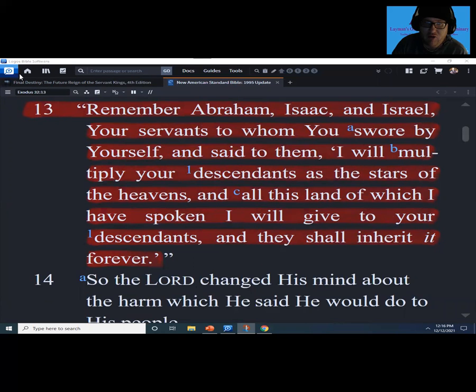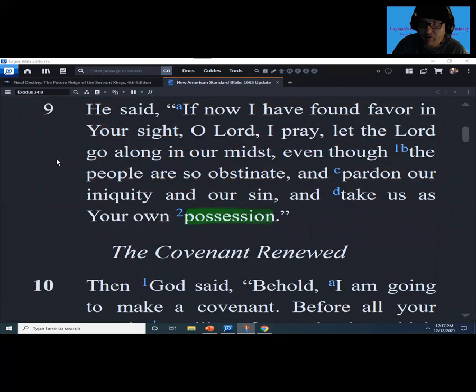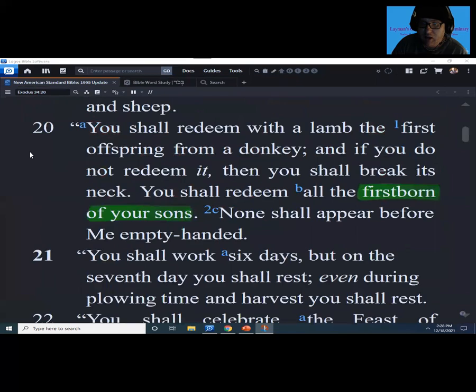And then 32:13 says this: remember Abraham, Isaac, and Israel, your servants to whom you swore by yourself, and said to them, I will multiply your descendants as the stars of the heavens, and all the land of which I have spoken I will give to your descendants, and they shall inherit it forever. So that's nakal, I think, right there. And then here it is, they're taking it as their own possession. That's that language as well.